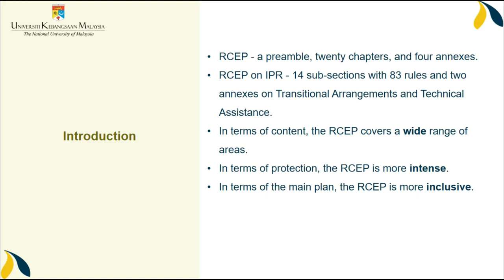A transition period in the context of RCEP refers to a period of transition before a party fully implements the IPR chapter of RCEP. The transition period provision covers both the transition period for LDC parties and the transition period for specific parties.